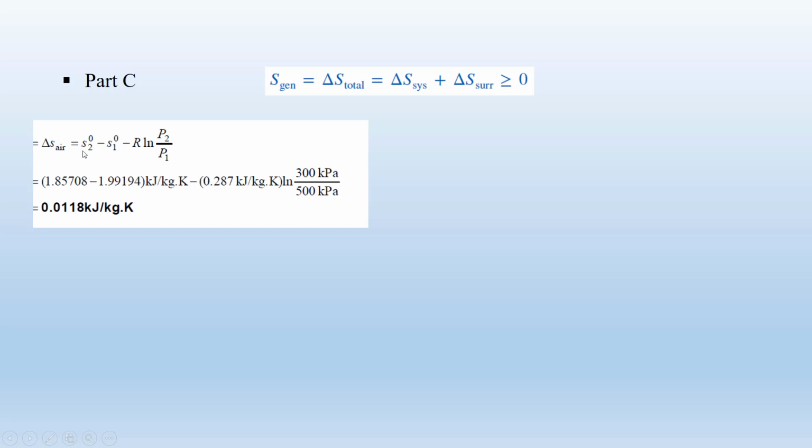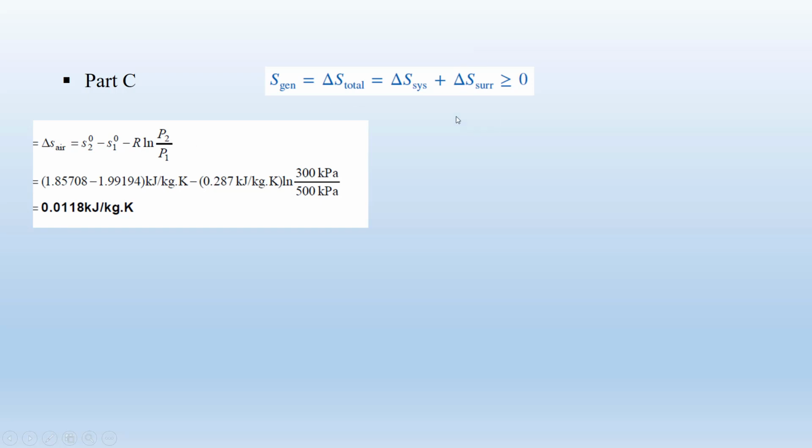The delta S of air is S naught 2 minus S naught 1 minus R ln P2 over P1. So you can find the S naught 2, S naught 1 from the table, I think A17, and then you have the pressures. You need to find the R for the air, and then you can calculate the delta S of air.